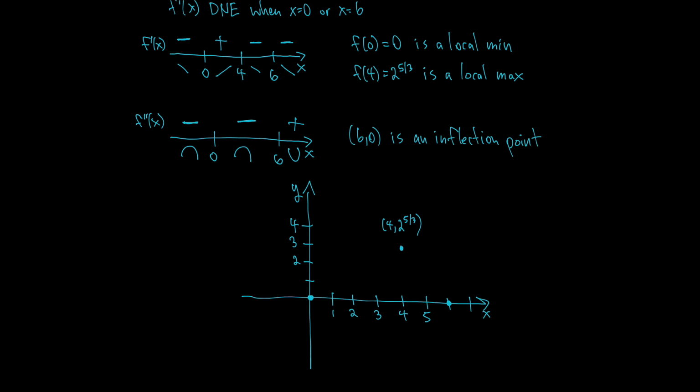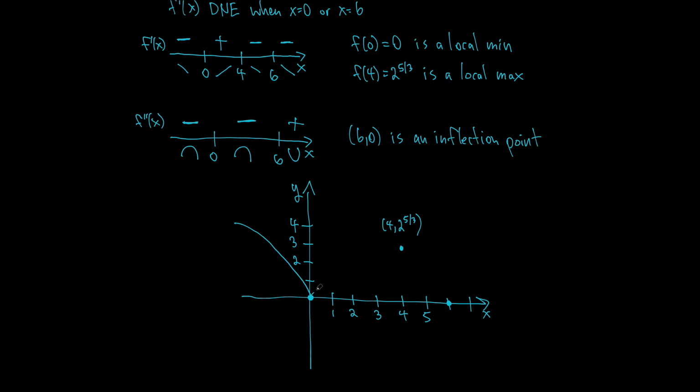Okay, we know that we're concave downward. So we're concave down up until we hit 0, which is the local minimum. However, notice it's still supposed to be concave downward. I can't go below because it's a minimum at 0. So I have to go back up, but I have to stay concave downward.